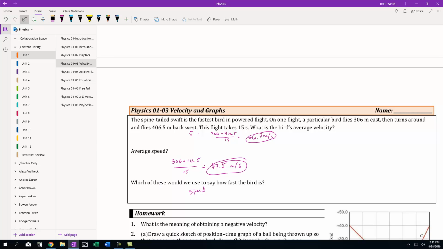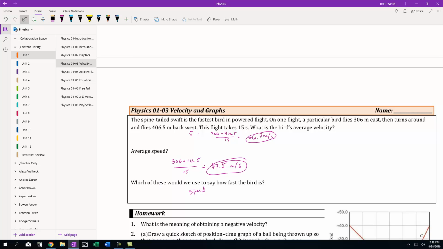Now if we called west positive and east negative, this would be positive 6.7 instead of negative 6.7. But what you have to remember is that whatever direction you head first, we're typically going to call that positive. And we divide it by 15 because it's change in position divided by change in time. Turns out this bird has a negative average velocity, and it's not very fast.